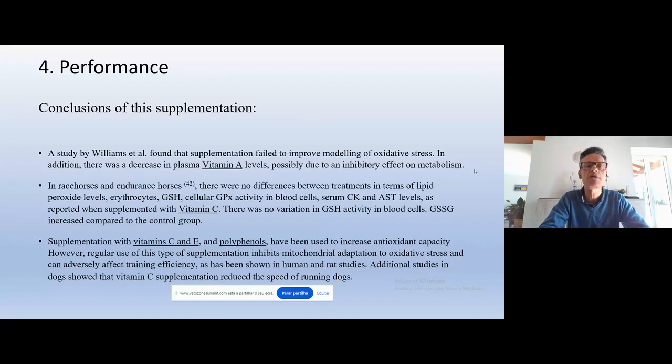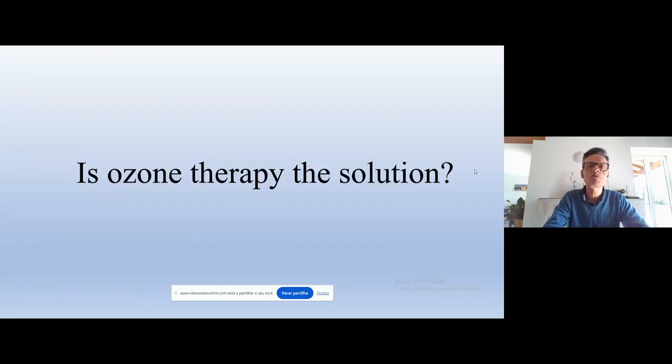internal antioxidants. So we are here in a situation where solutions should come, but in another way. Those of us who work with ozone know the answer to this question, and we know that ozone can help.